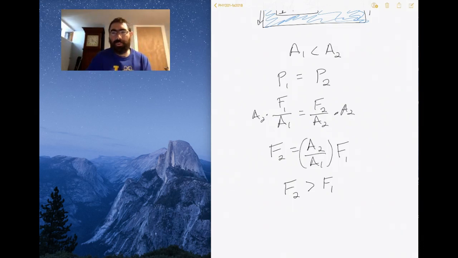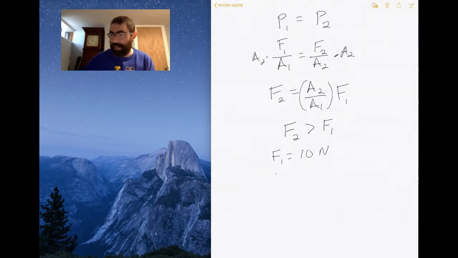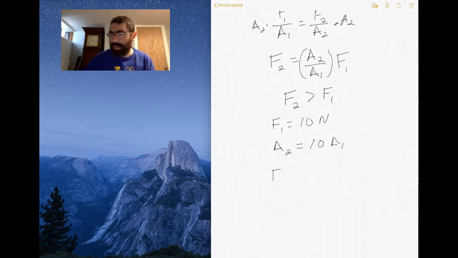So if I apply a force of 10 newtons on the left-hand side, so let's say F1 is 10 newtons, and area 2 is 10 times area 1, then when I put this all together, I should now get a force F2 which is 10, cancel the areas, times 10 newtons.